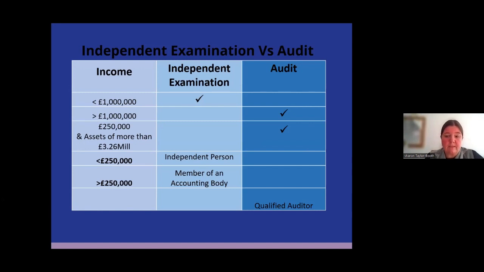But church representation rules say that every PCC must have their accounts independently examined or audited. And with everything accounting, it's all to do with the level of income in the PCC.